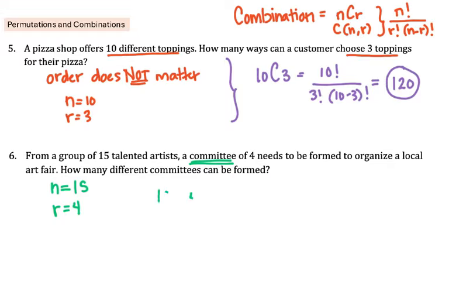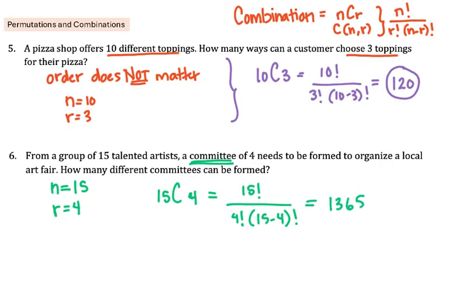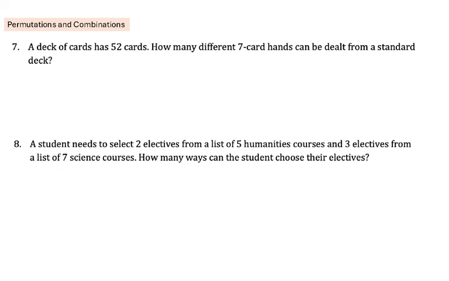So we're saying 15 choose 4. So that's 15 factorial divided by 15 minus 4 factorial, 4 factorial. We plug it in our calculator, and we get 1,365 different ways to choose a committee of 4 people from a group of 15.